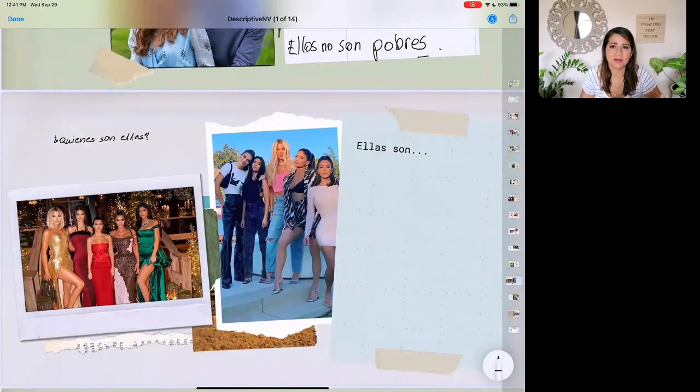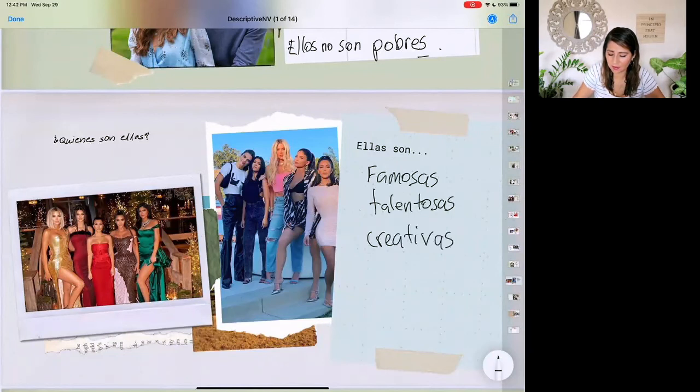Ellas son las hermanas Kardashian Jenner. Ellas son famosas, talentosas, creativas, bonitas, artísticas, etc.